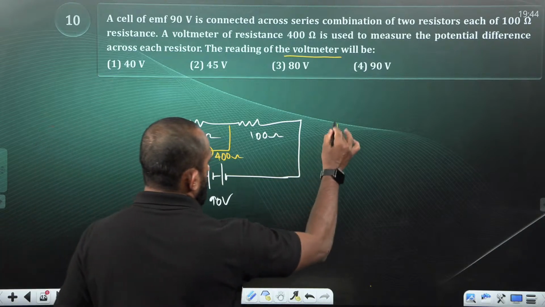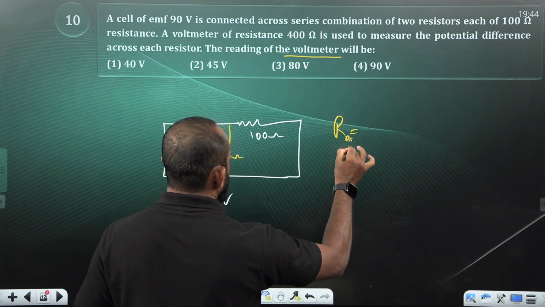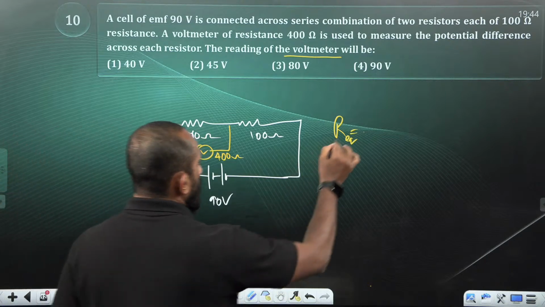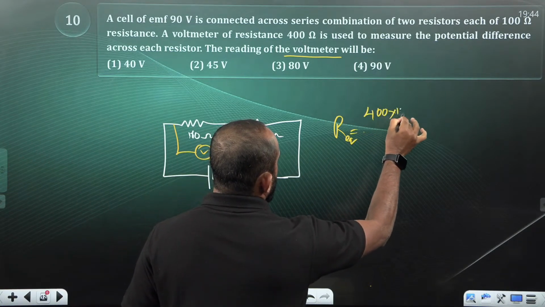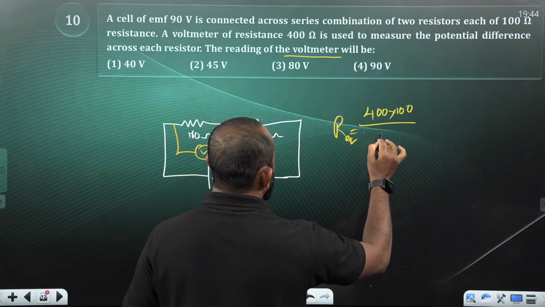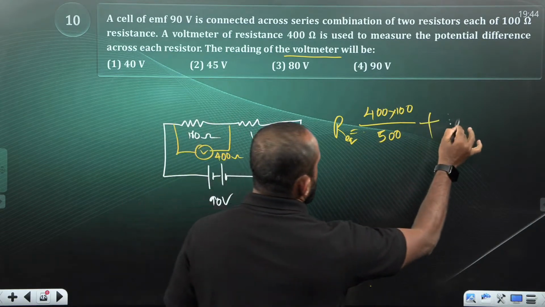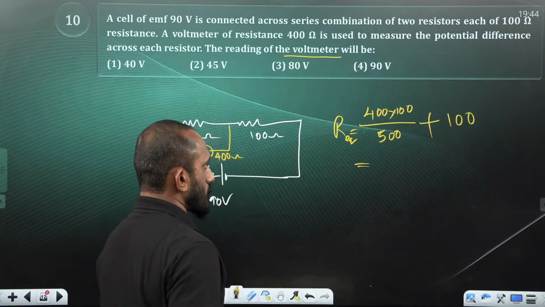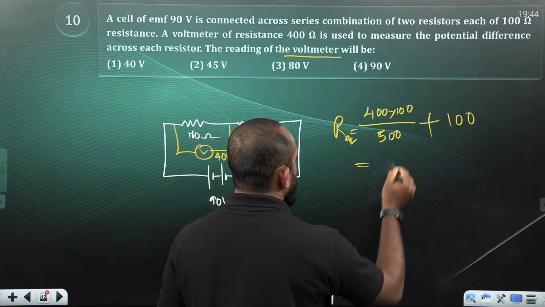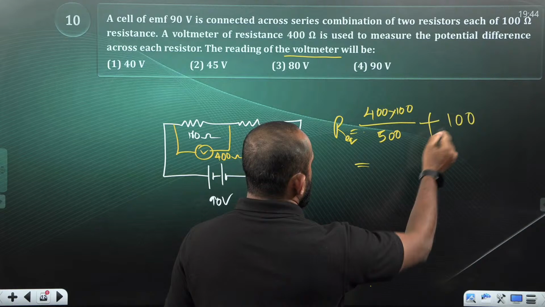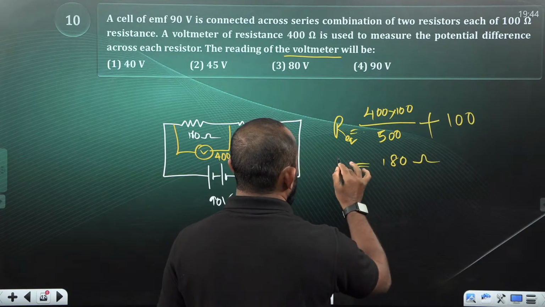So equivalent resistance R equivalent will be, here see 100 ohm and 400 ohm in parallel. So that will be 400 into 100 by 400 plus 100, that is 500, plus this 100 ohm. So the zeros cancel, 400 by 5, that is 80, 80 plus 100, so 180 ohm is R equivalent.